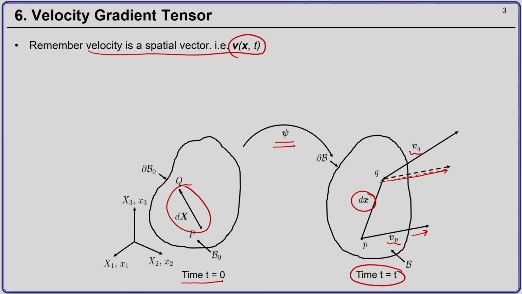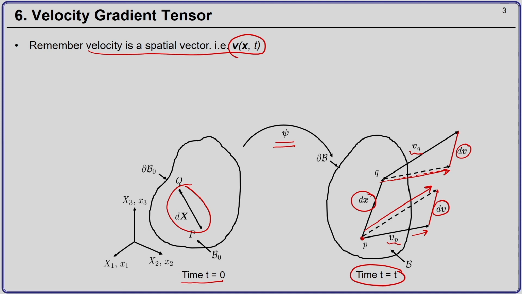Now, we can also draw a vector parallel to V_q at point P, which is shown here as a dotted line. So, the relative velocity vector between point P and Q will be given by dV.